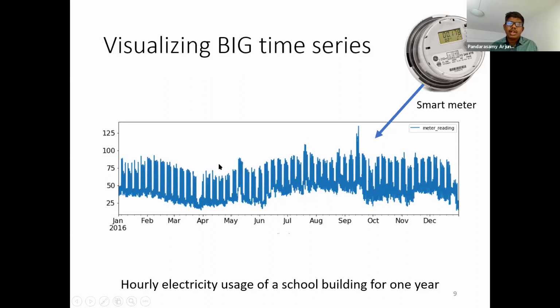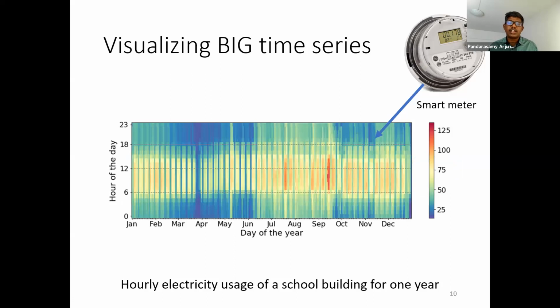So this is visualizing a big time series using a traditional line chart. But if we really want to understand some pattern from this time series, we have to use different visualization techniques. What you see here is a heat map for the same time series.